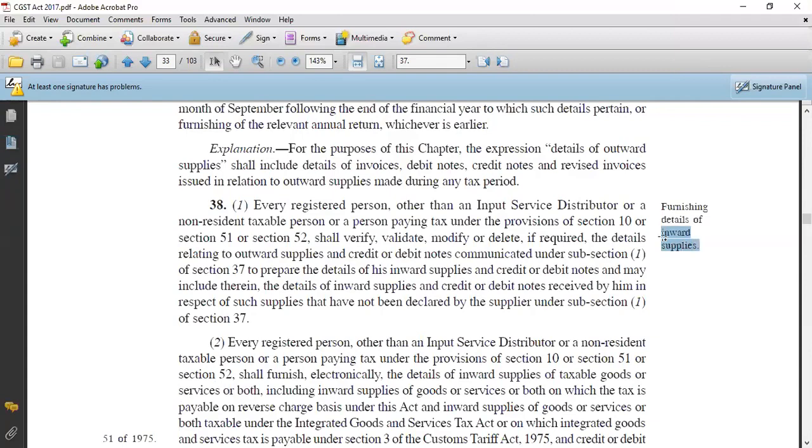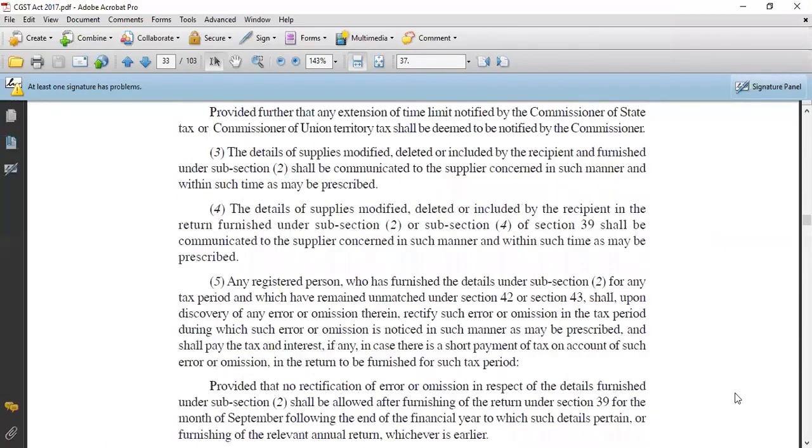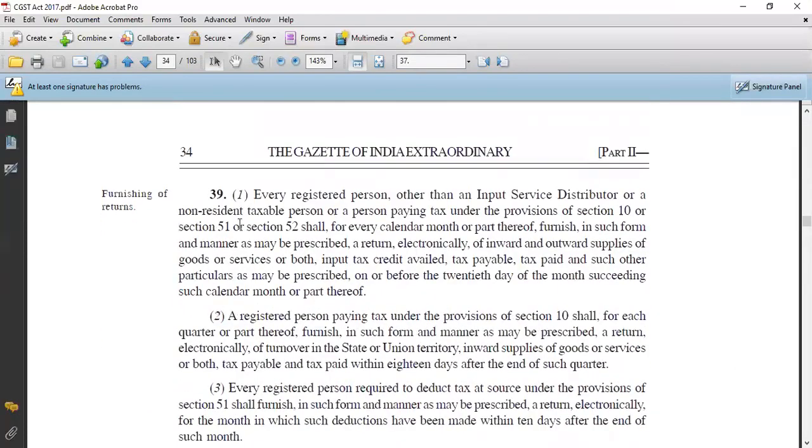Section 37 of the CGST Act only deals with outward supplies information. 38 deals with inward supplies information. 39 is an important section, which combines both section 37 as well as 38 as well as other relevant information. 39 is the main section.